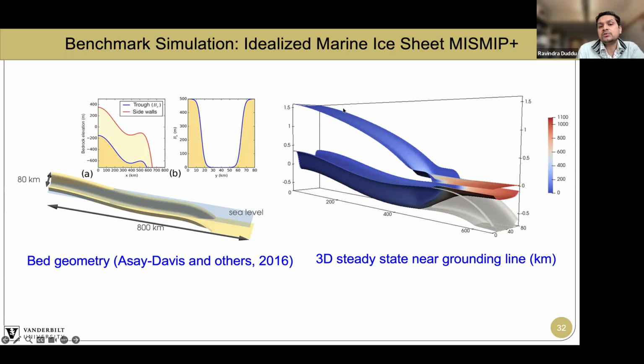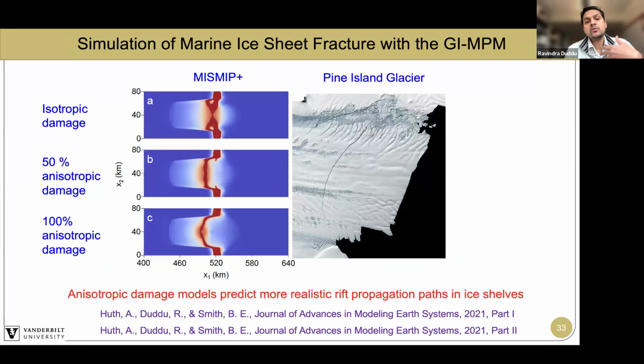And what this is showing is the top surface of the ice and the bottom surface of the ice. And so that's how the glacier looks in 3D, but we are solving this in shallow shelf. When we incorporate isotropic damage, you see a lot of damage happening near the grounding lines and some around this grounding line in the floating regions.